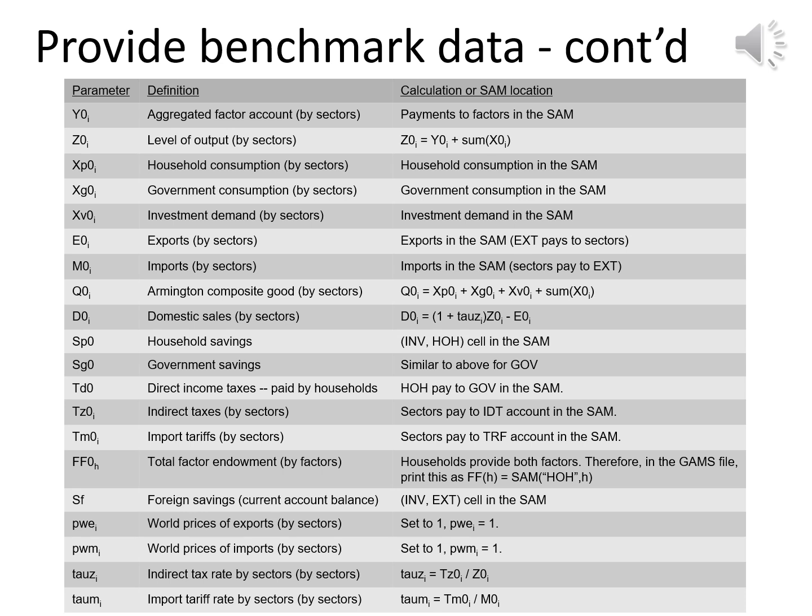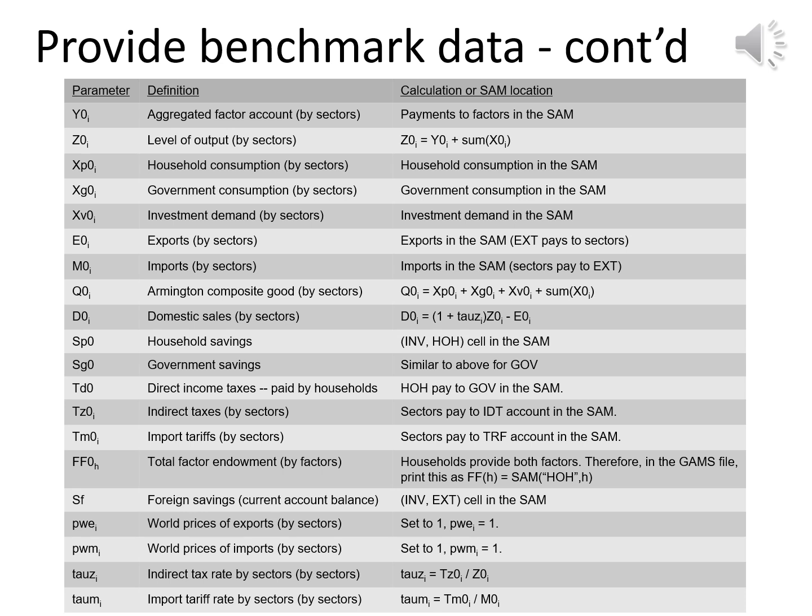So you know how to get this data from the SAM, and if you find any difficulty, you can send me an email, so I will help you. But the calculation or the SAM location is shown in the last column. So here it shows you how to calculate all these.